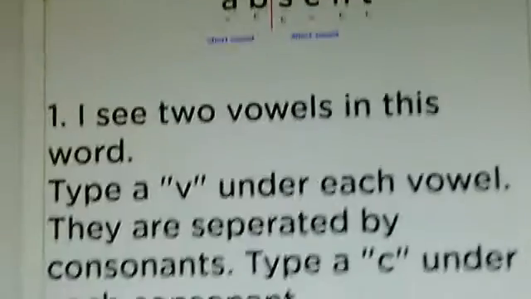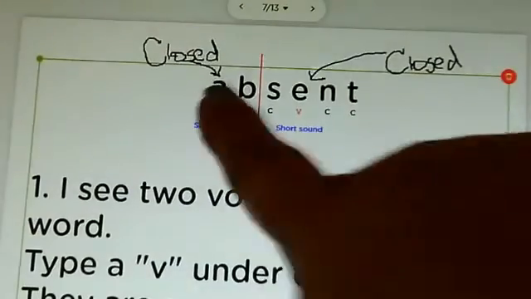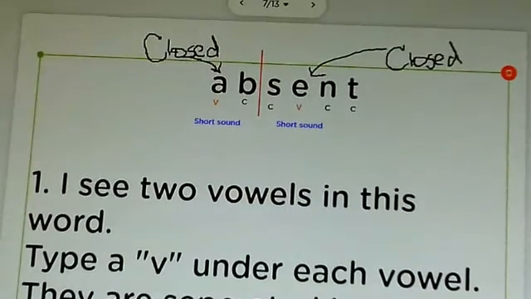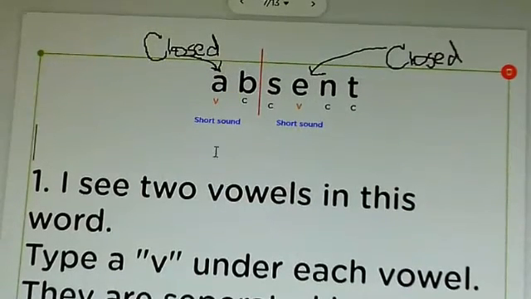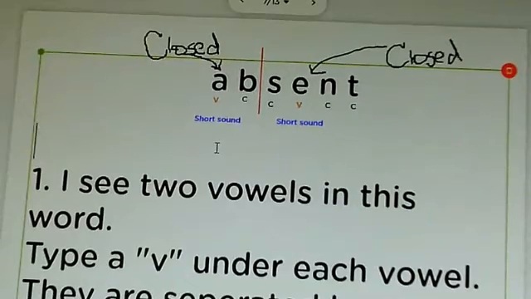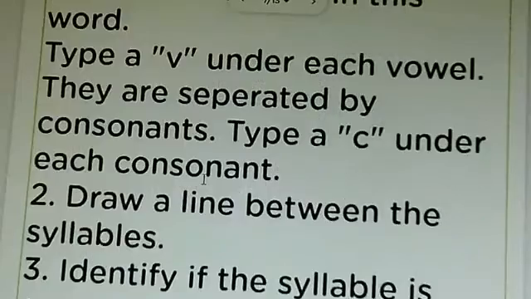Okay, let's see if I can get this working right. Here we go. This is your class kit screen. It looks just like this. This is what it's going to look like when you're finished on class kit. Okay, I used boxes for you to put the letters in underneath your word.